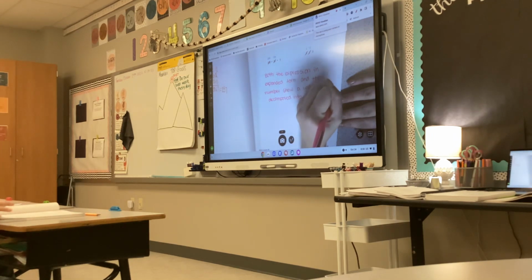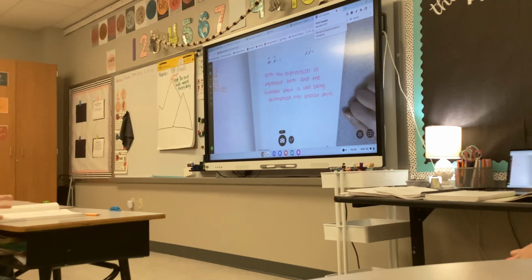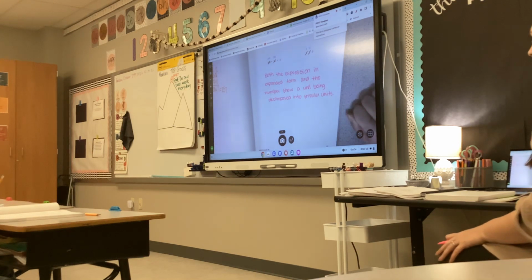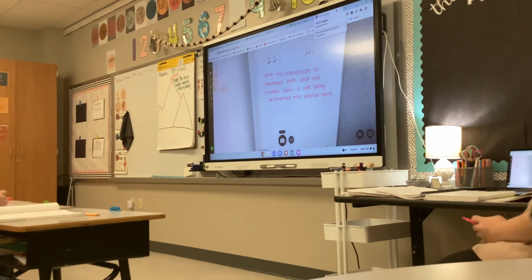What page is it? 49. Probably doesn't help that I'm left-handed here. So both the expression in expanded form and the numbers show a unit being decomposed into smaller units.